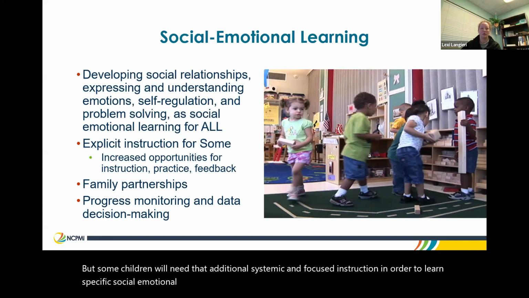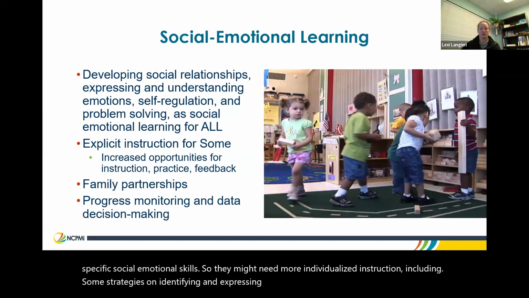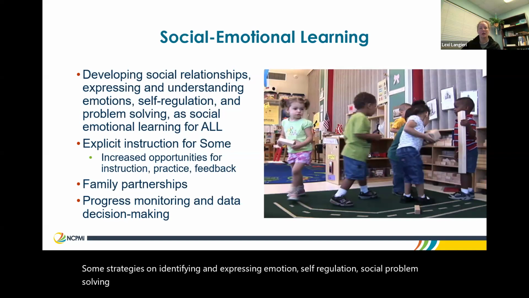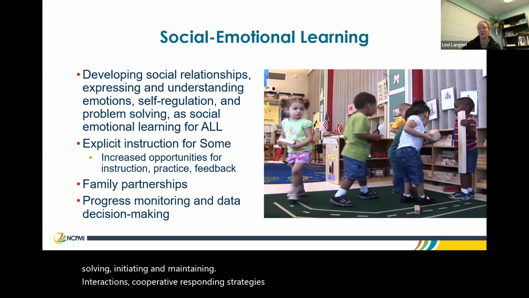So they might need more individualized instruction, including some strategies on identifying and expressing emotion, self regulation, social problem solving, initiating and maintaining interactions, cooperative responding, strategies for handling disappointment and anger, and friendship skills.